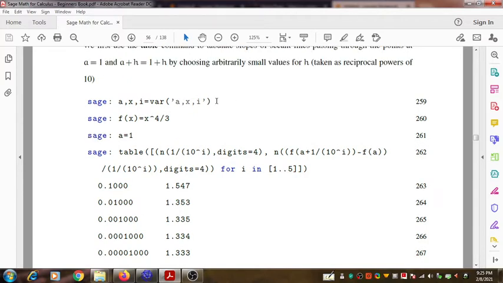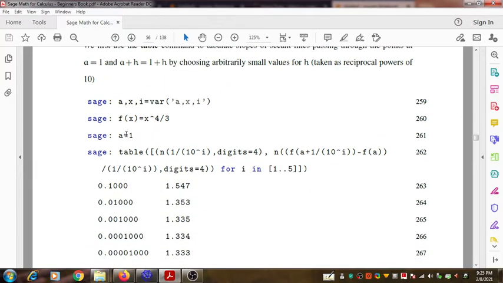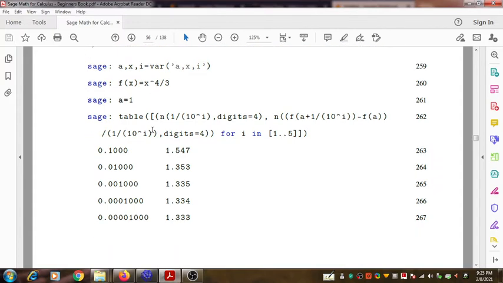This declares that these are variables. The next line is the function definition: f of x equal to x raised to 4 divided by 3. That is the given function, and then we specify the point where we want the derivative, that is a equal to 1.